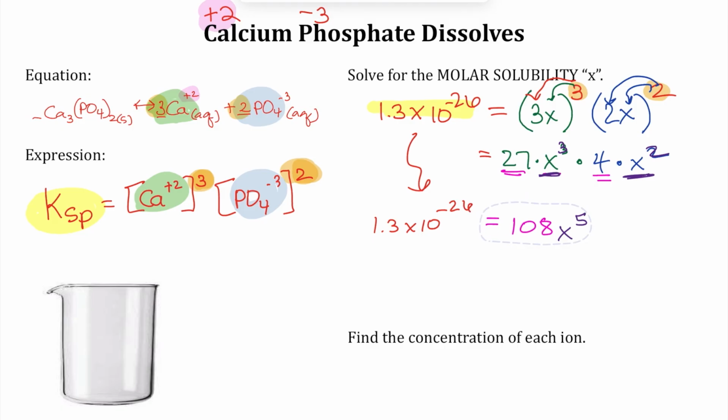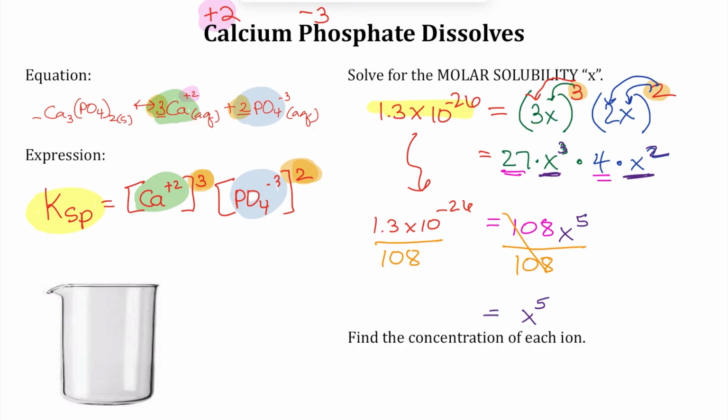So we have an equation with just one variable. My goal is to get x by itself. That 108 is multiplication, which is a weaker operation than an exponent. So we are going to divide both sides by 108. So that 108 cancels, leaving us just that x to the 5th.